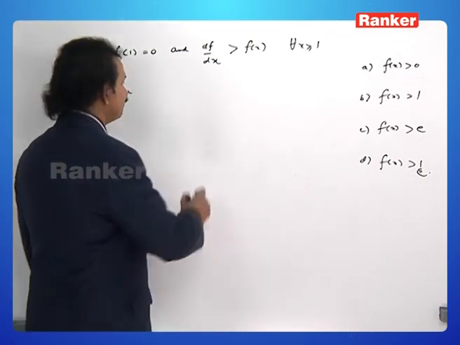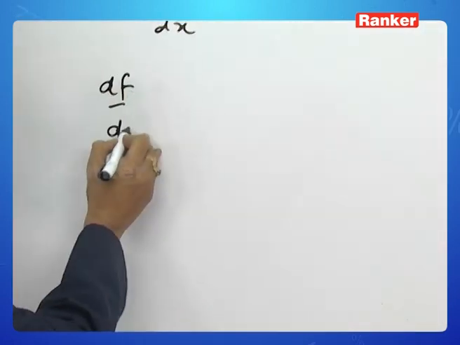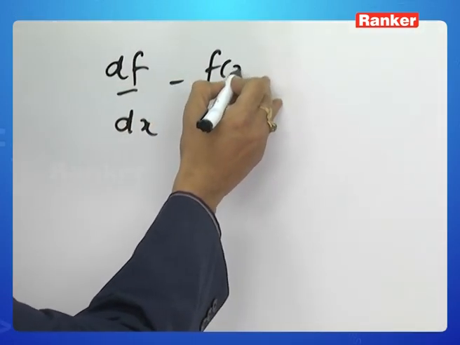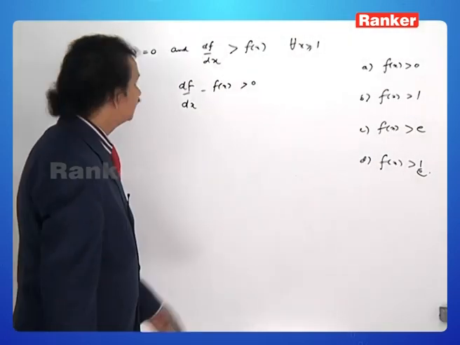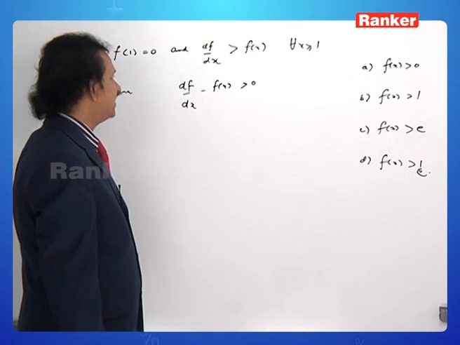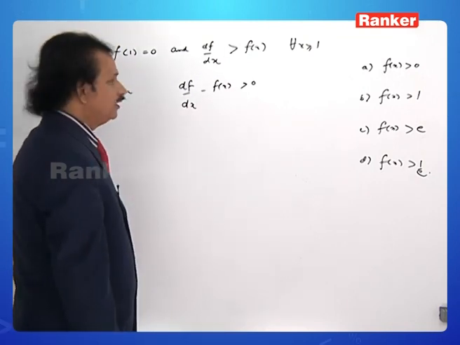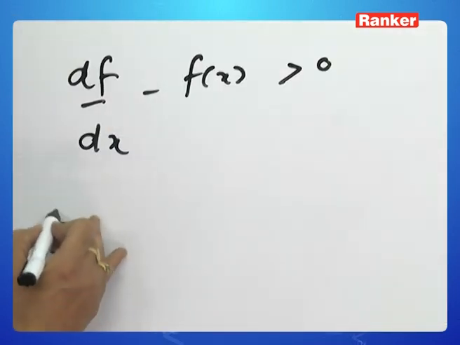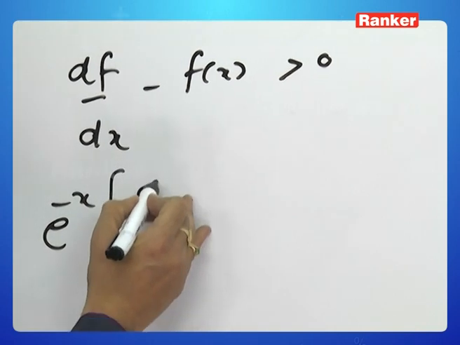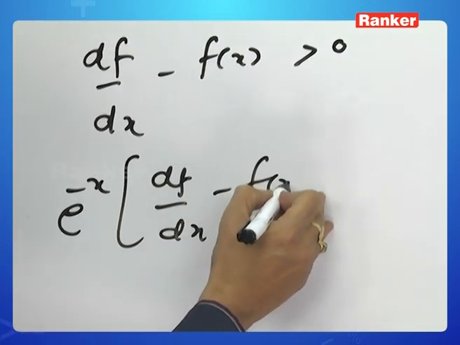Look here. df by dx minus f of x is greater than 0, isn't it? As df by dx is greater than f of x, I have brought f of x this side. You don't ask me why I am multiplying this with e power minus x.